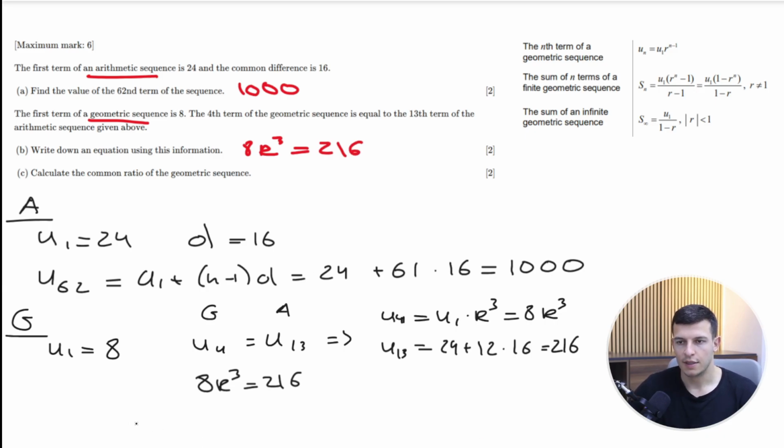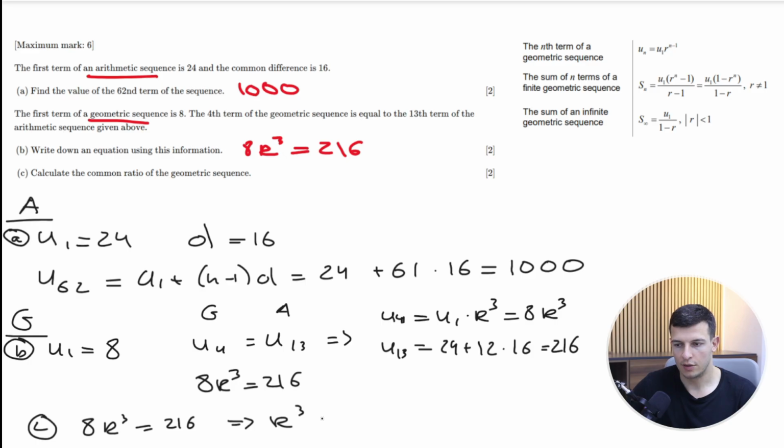Last part, C. Calculate the common ratio of the geometric sequence. Let me write, this is B and this one was A. So calculate the common ratio of the geometric sequence, meaning we're looking for an r. So I'm going to use the equation from B. 8r cube equals 216.